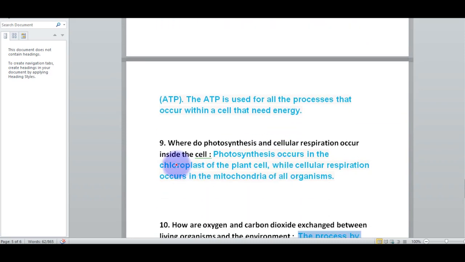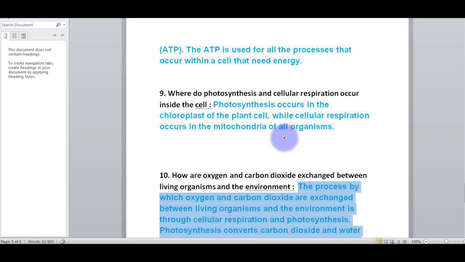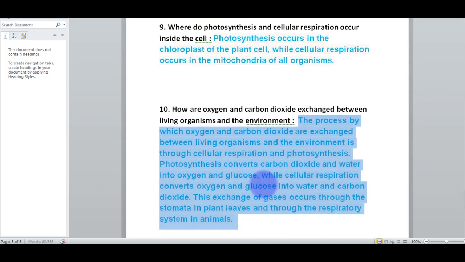So where do photosynthesis and cellular respiration occur inside the cell? We have already seen this. Photosynthesis occurs in the chloroplast of the plant, while cellular respiration occurs in the mitochondria of the organism. This is the simplest answer here. The next, the 10th question: how are oxygen and carbon dioxide exchanged between living organisms and the environment?